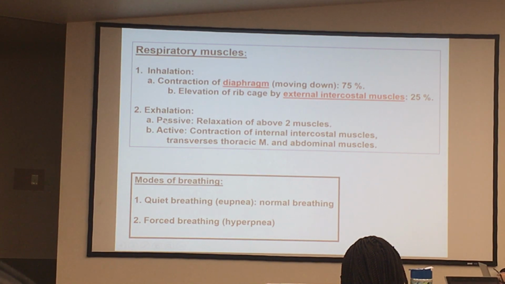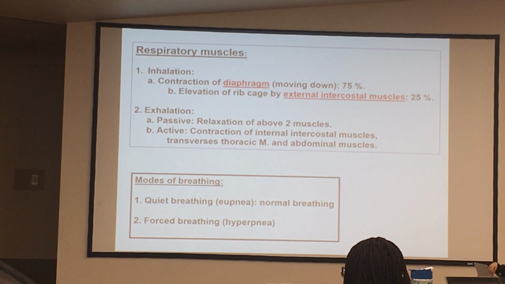we don't get other muscles involved. But in forced breathing, we use the internal intercostal muscle, or transverse thoracic muscle, or abdominal muscle. That means we can use our will to control it. We can do that kind of control that will involve the other muscles.